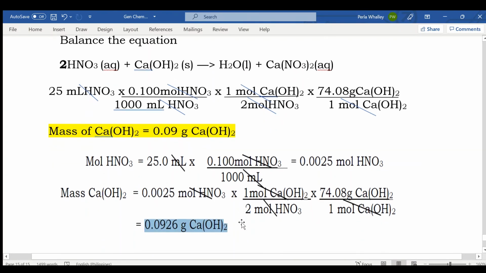Okay, so this is the one from your module. It's just the same. So here 25 times 0.100 divided over 1000 ml. Then this is the answer, times 1 mole calcium hydroxide, 2 moles nitric acid times 74.08 grams of calcium hydroxide over 1 mole of calcium hydroxide. It is the same. Okay.